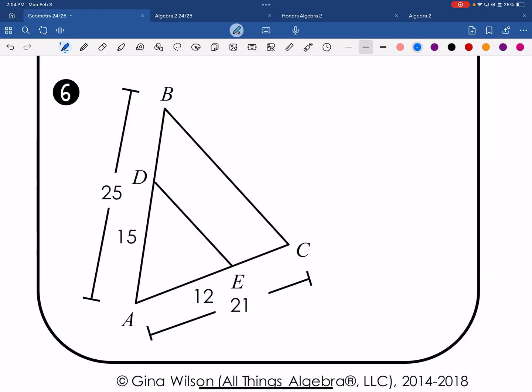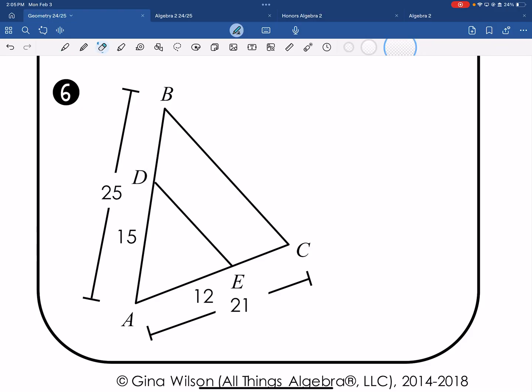So I'll give you a couple seconds to copy this one down, and then we'll go over it. Now, the biggest thing with this one is making sure you see what they're looking at.